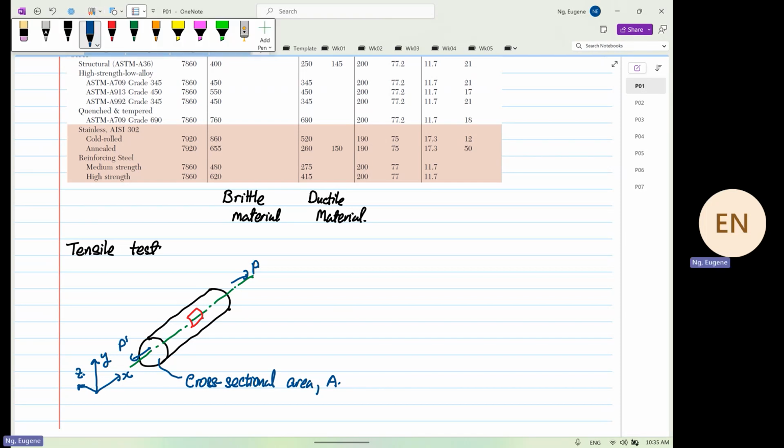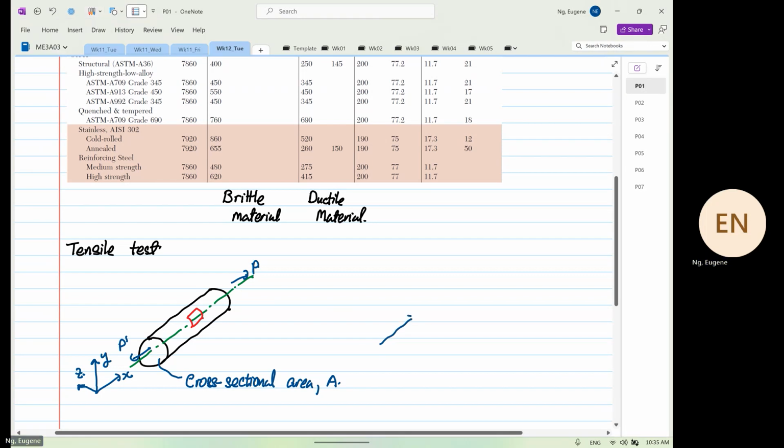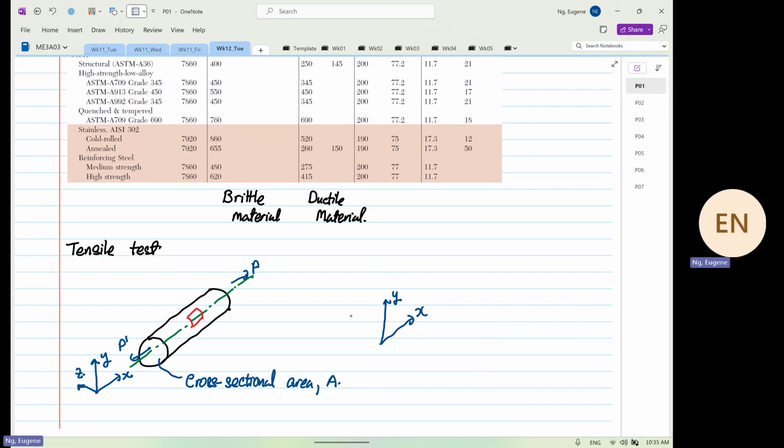Now if we were to take out our element, we have our element over here. This is our X, this is our Y, and this is our Z. What we see over here is that this element has P. So I'm going to call this Px.